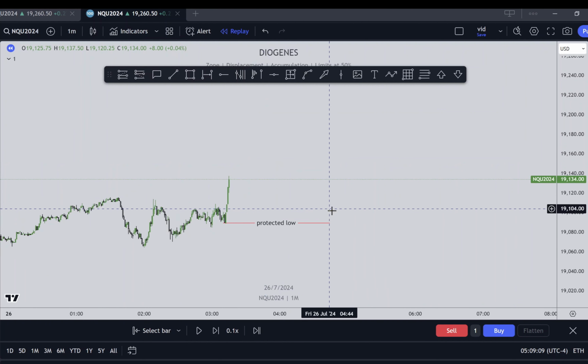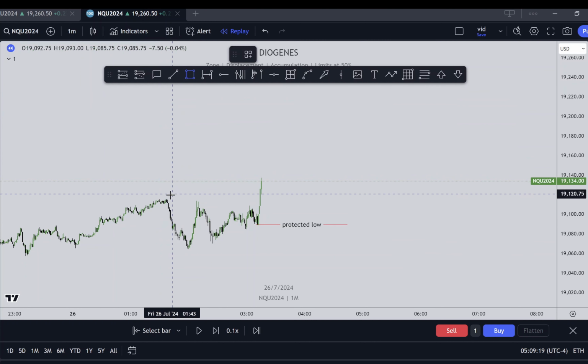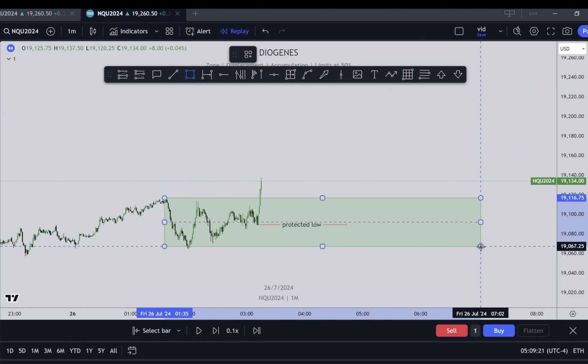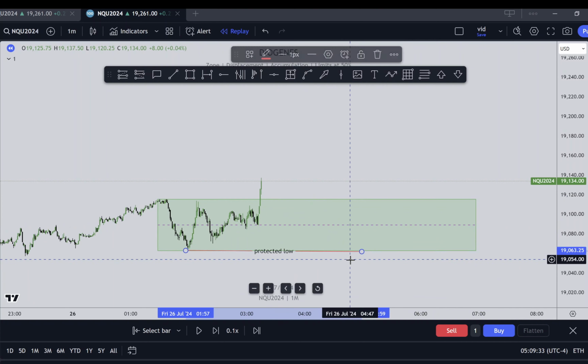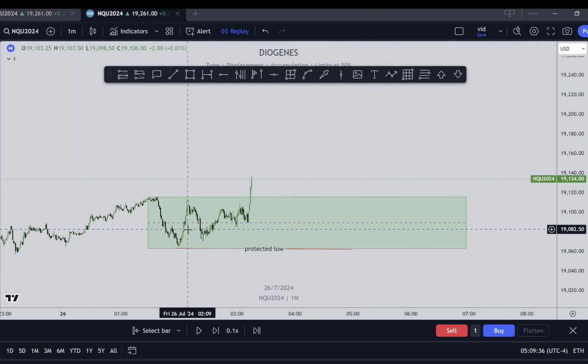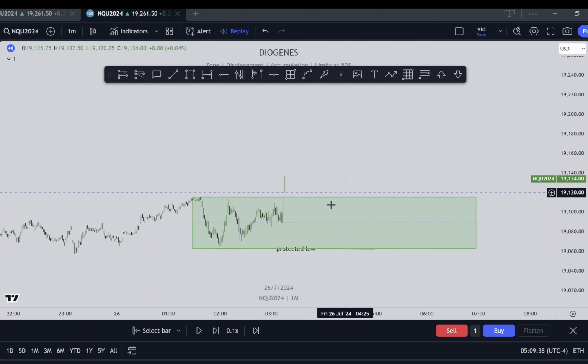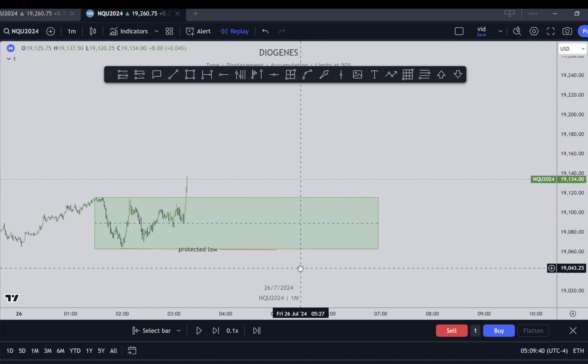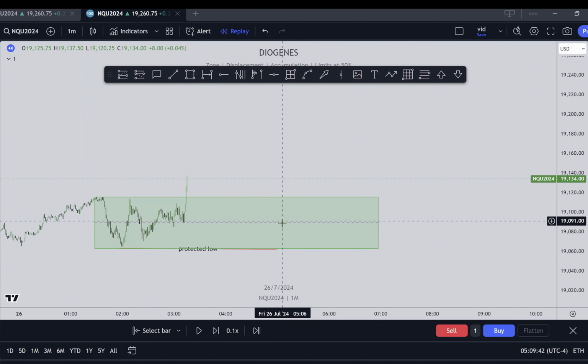So let's proceed. This for me is our last protected low on the M12, and this is an unmitigated zone. So I will place my limits in this 50% if price comes back to it. Let's play the price.